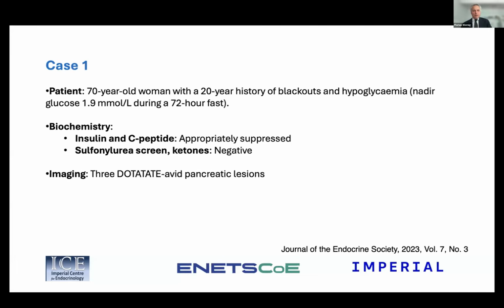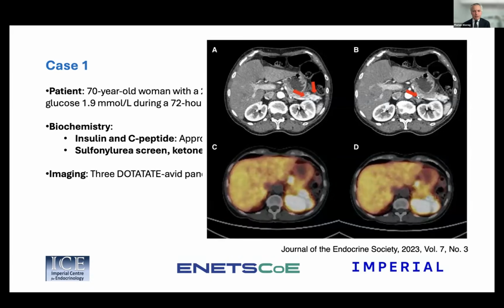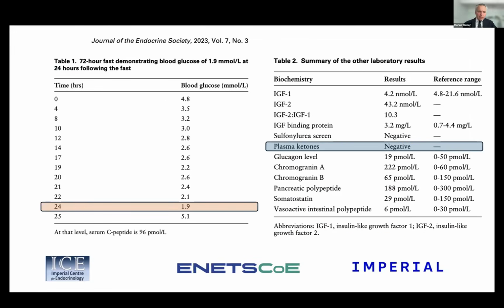So she went on to have imaging, and the preferred imaging modality, as we may hear later, is a gallium-68 PET-CT, which showed several DOTATATE avid pancreatic lesions, which you can see here. So this is once again the biochemistry.